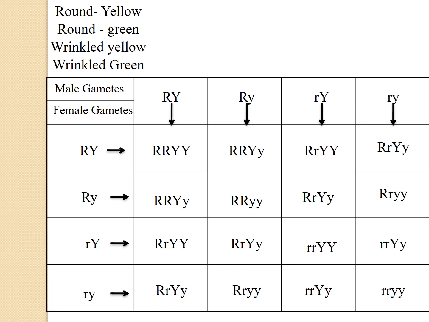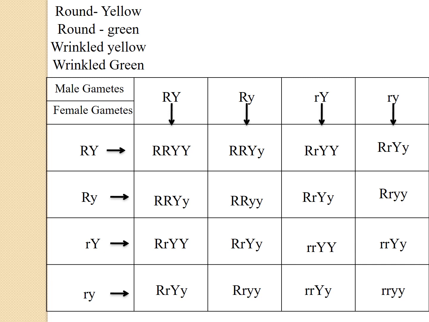Now, when do you say that any plant is going to have the characteristic of round yellow? Both are dominant. So if in the genotype, or in the letters, wherever you find a capital R and a capital Y, you can say that that plant is going to be round yellow.